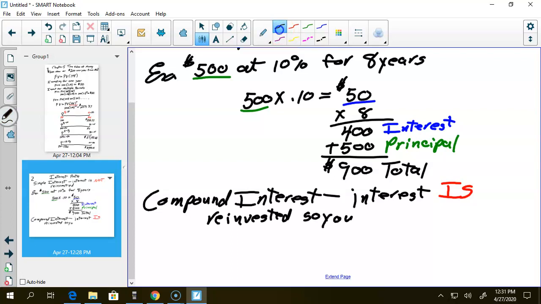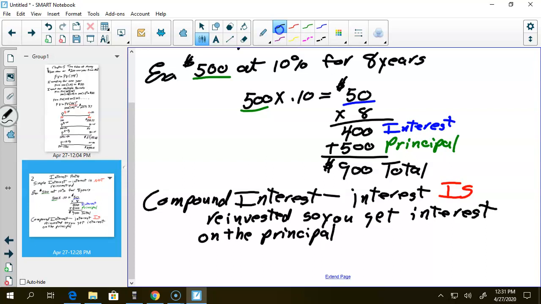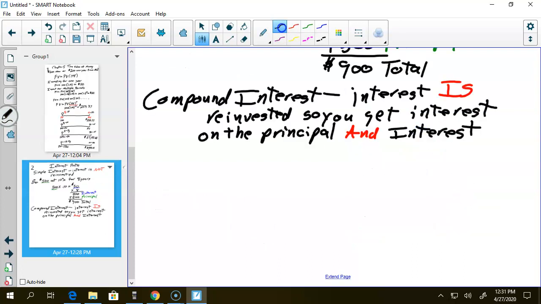So you get interest on the principal and interest, okay? Now, this is what we talk about with our future value interest factor, future value equation.